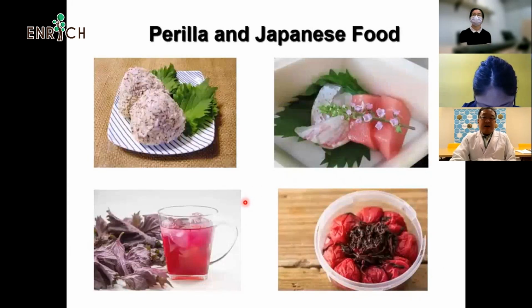Perilla leaves are quite common in Japanese food. Green leaves are used for onigiri, rice ball, sushi, and sashimi. On the other hand, red leaves are used for shiso juice and traditional Japanese salty pickled plum, umeboshi.